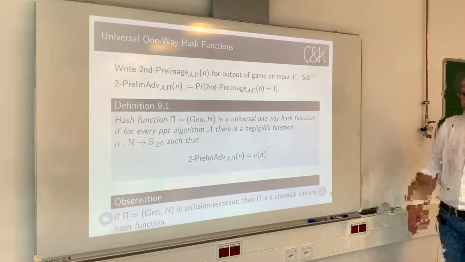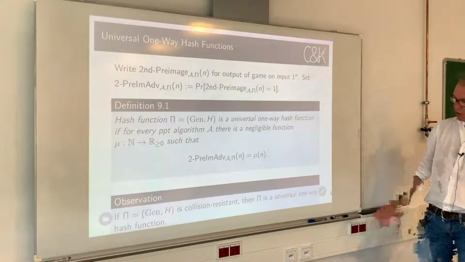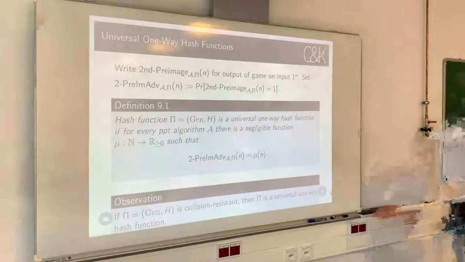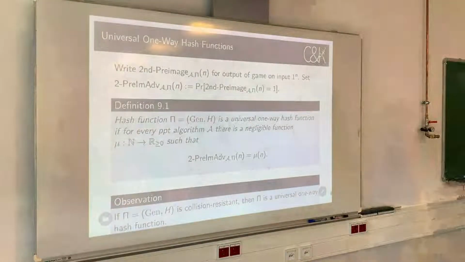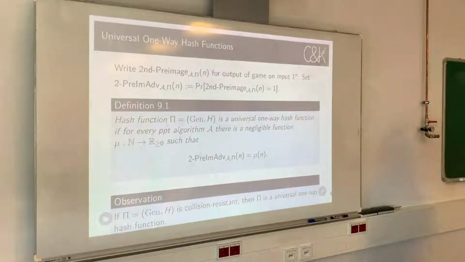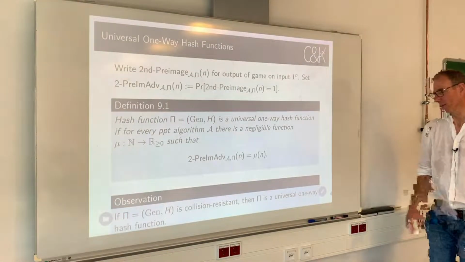If pi is collision resistant, then pi is also a universal one-way hash function. But the converse is not known, actually, it's probably not true. There are technical details that you have to take into account.